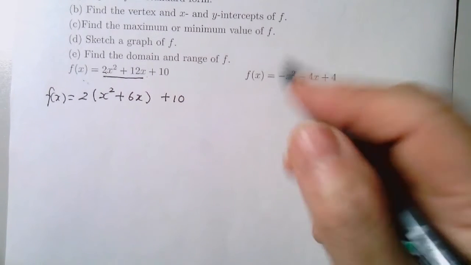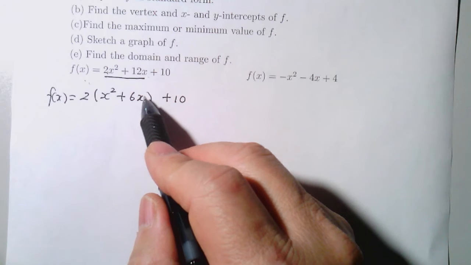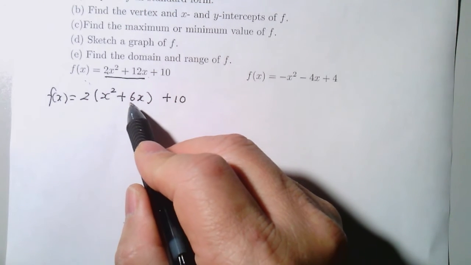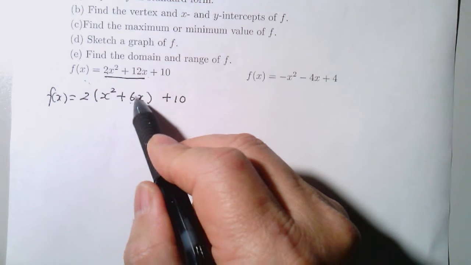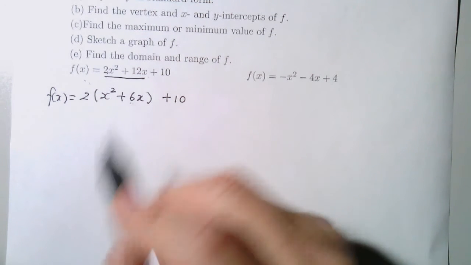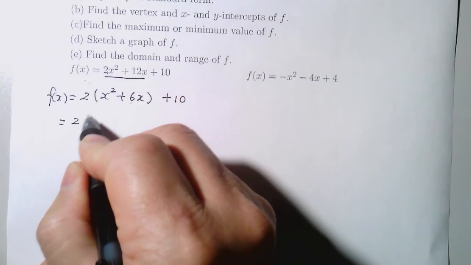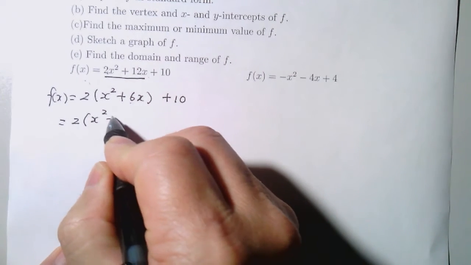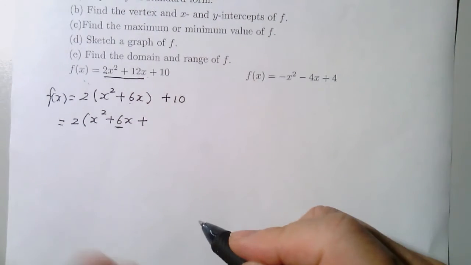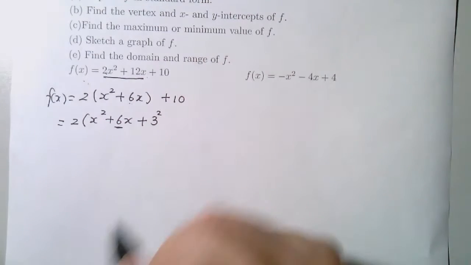And remember, to complete the square, we know we need to add half of this coefficient, squared. Then we can complete the square. So we're going to write 2(x squared plus 6x, add half of this coefficient squared, which is 3 squared).